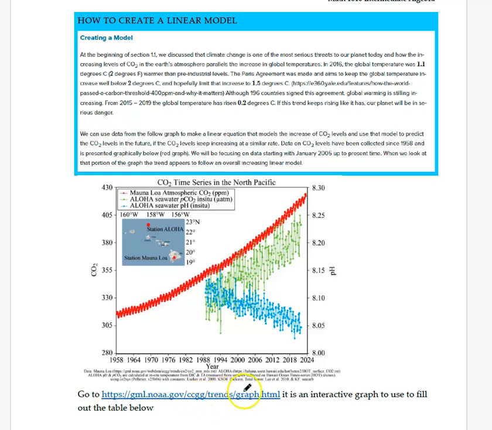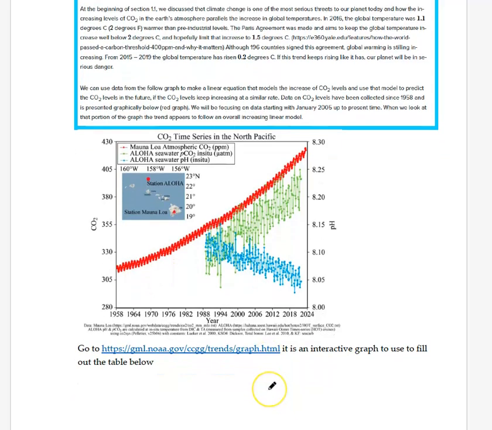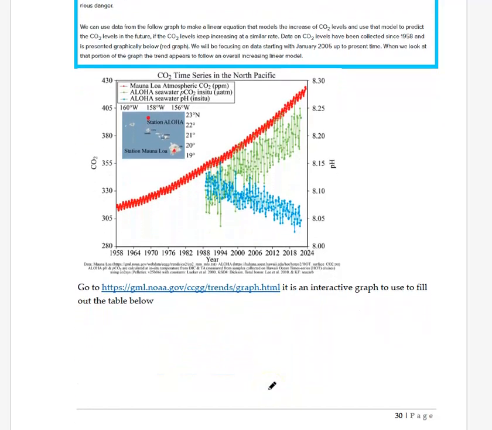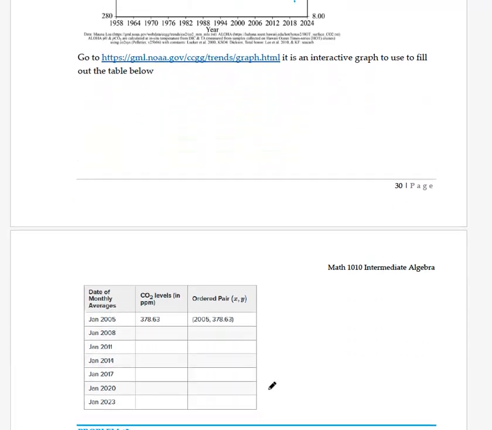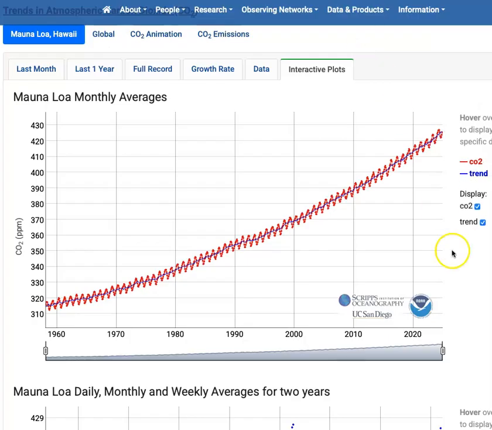So if you click on this link here, it's going to take you to an interactive graph, and that's going to help us fill out this table below. So let me pull that up.